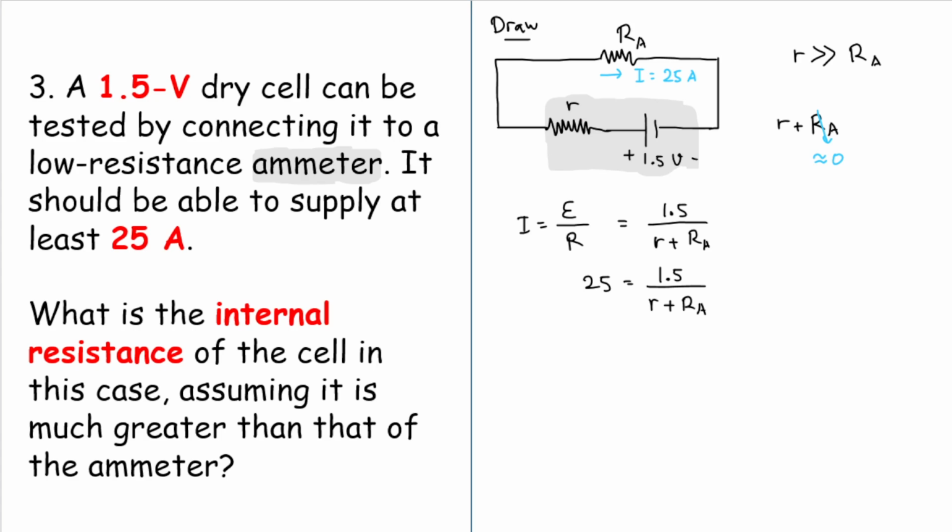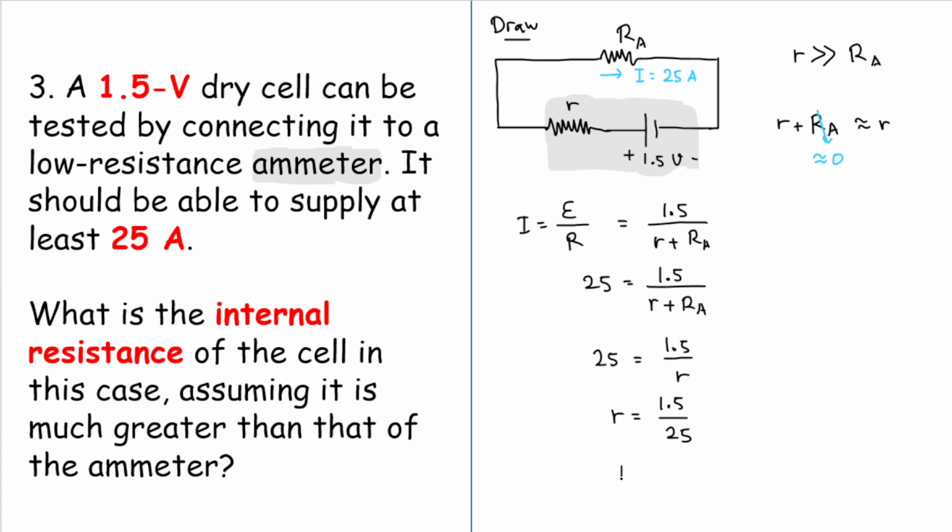So we will have this approximately equal to R, right? So we'll have 25 equal to 1.5 divided by R. And we can just get our internal resistance here. So I have 1.5 divided by 25.